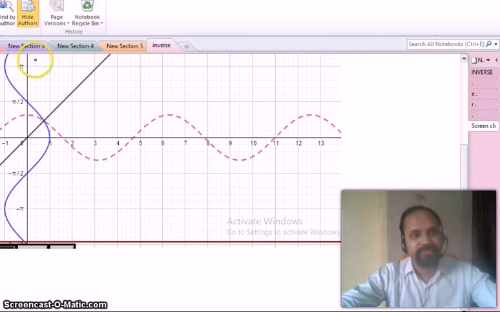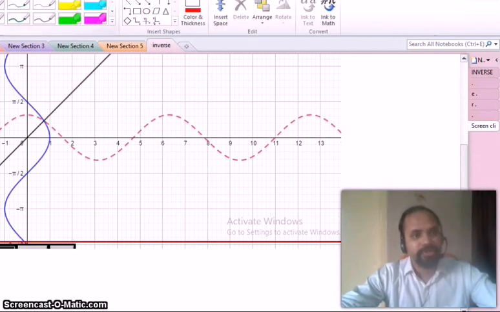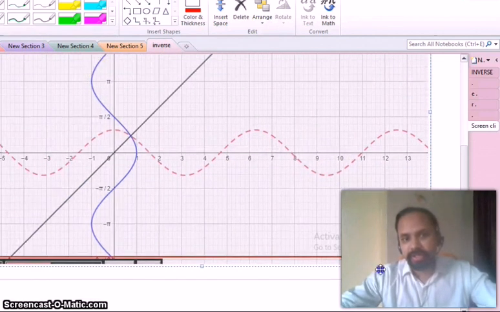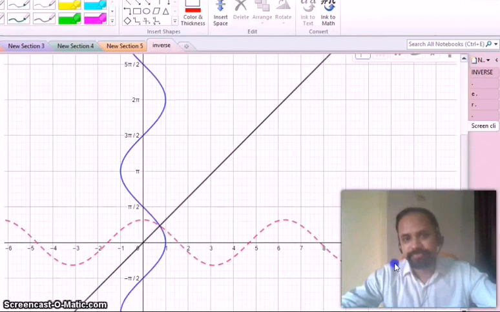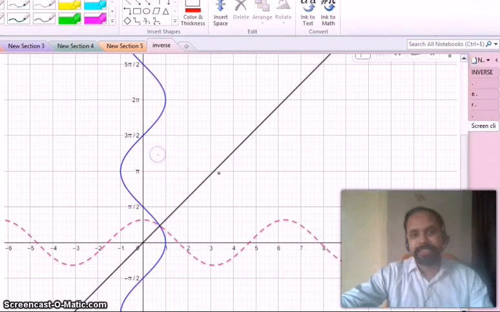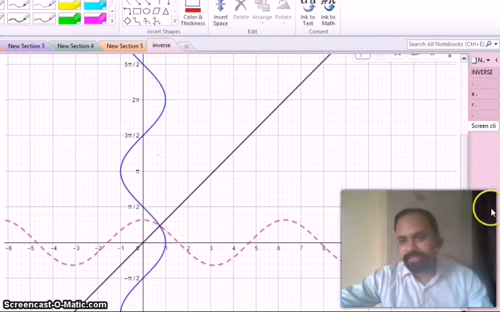Let's shift this one and draw next. Again, we have to restrict the range of this one. And how can we restrict?